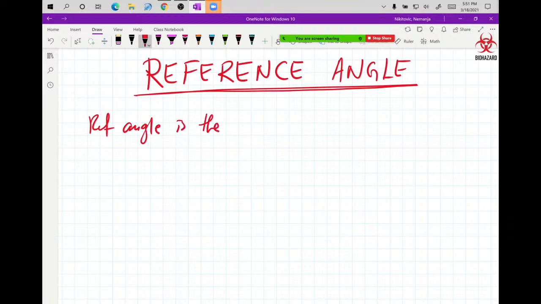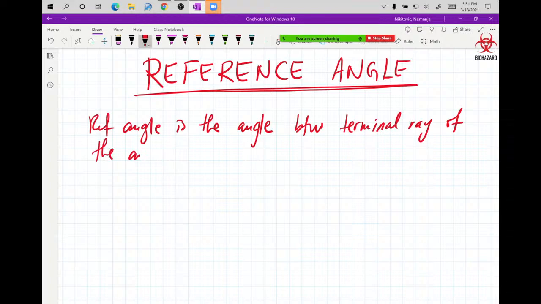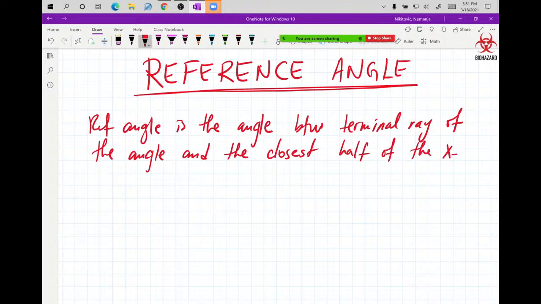So the reference angle is the angle between the terminal ray of the angle and the closest half of the x-axis.